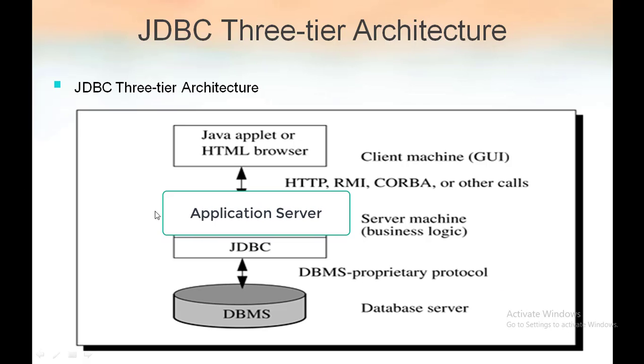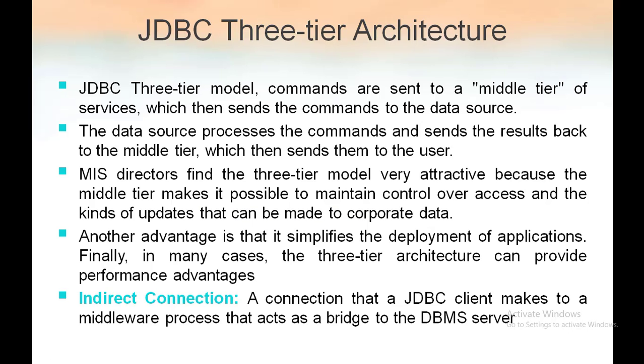So here it is an indirect connection. Your Java application is not directly connected with the DBMS. Through middleware, your first tier is connected with the DBMS. As I said, it is an indirect connection where the client makes a connection to a middleware process that acts as a bridge to the DBMS server.